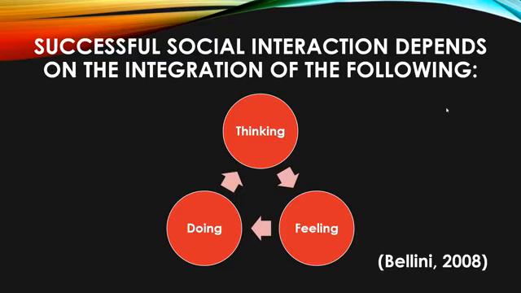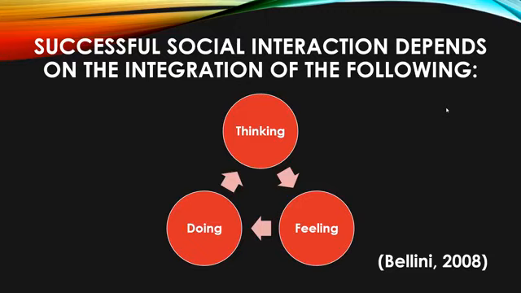And then whatever happens in those social situations, what happens a lot for our students on the spectrum and other related disorders that impact social skills, they're in a situation and they have a negative experience that generates a negative feeling about that situation. And then they form some type of interpretation about that. And that's going to impact what they actually do in that situation. And that's going to impact what they think about that situation. So it kind of goes around and around in circles.